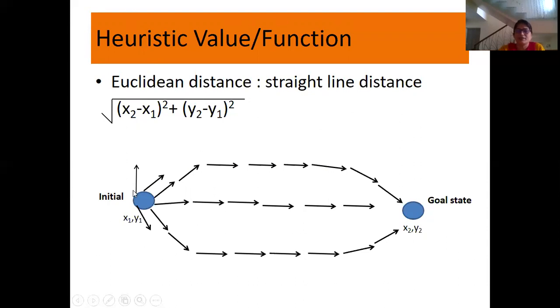But what is the advantage? This uninformed search or blind search, which will explore all the search paths, will give you the optimal solution. Whereas in the case of guided search or informed search or heuristic search, it may not give you an optimal solution.